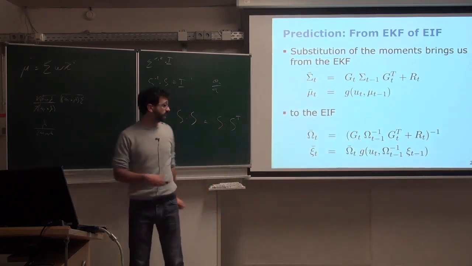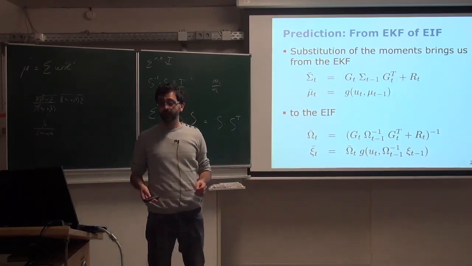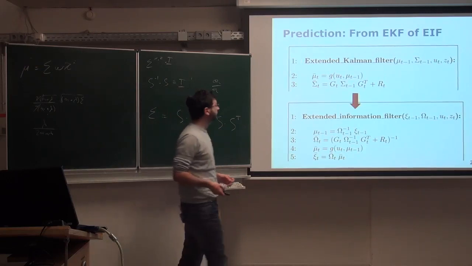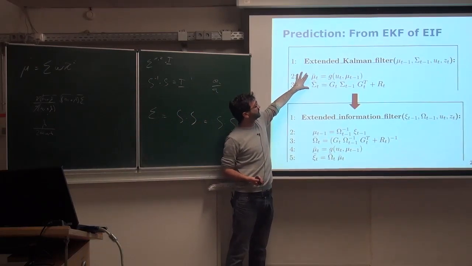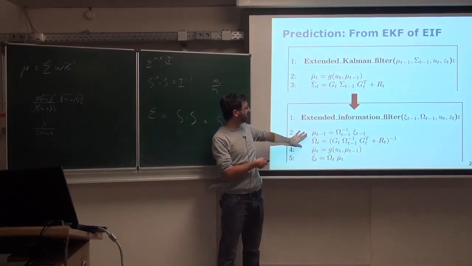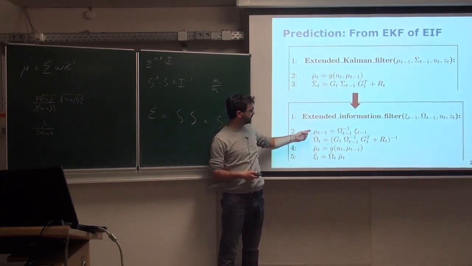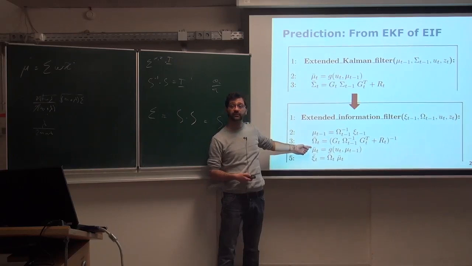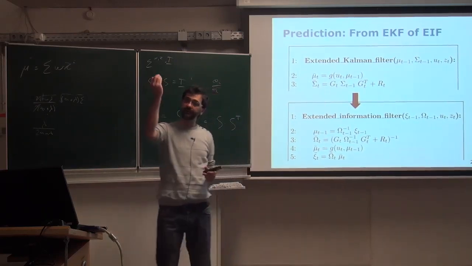The rest is basically the same as we've seen for the linear case. This again gets modified from this part, which is the extended Kalman filter, to the new updates of the extended information filter, where we have the mean recovery and mean computation as an additional step. Okay? Because we linearize around the mean every time.